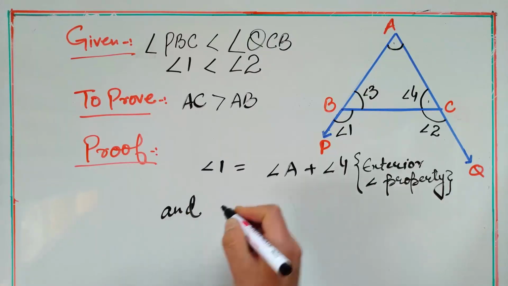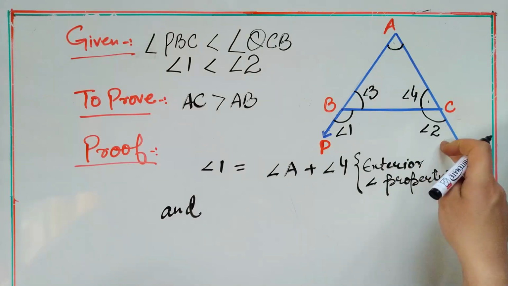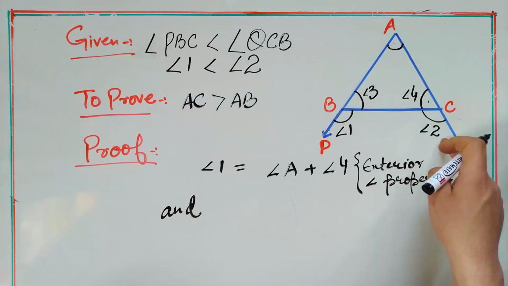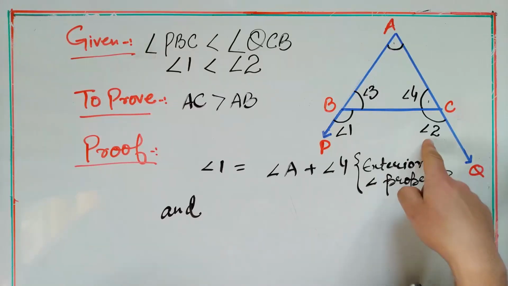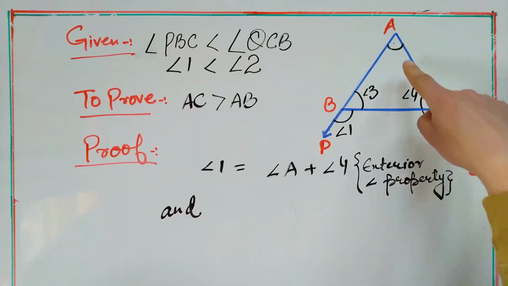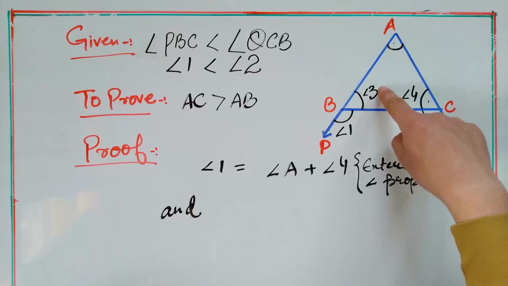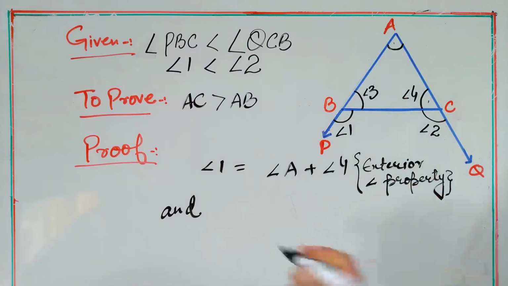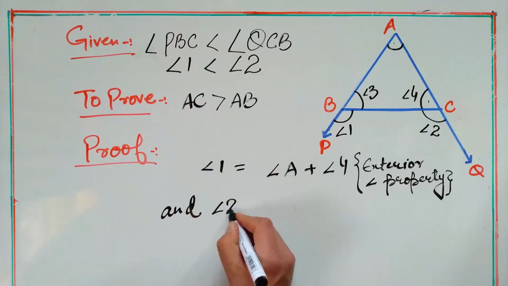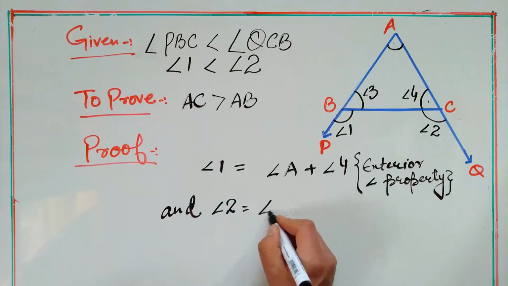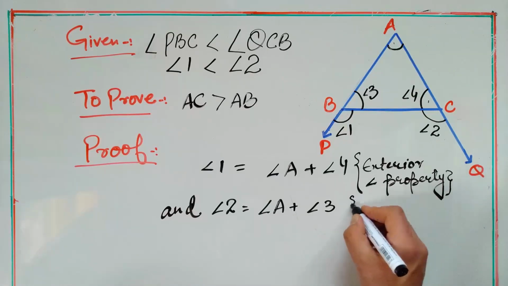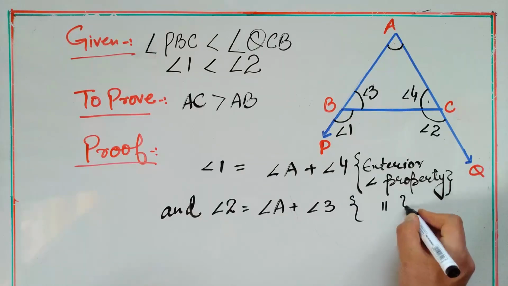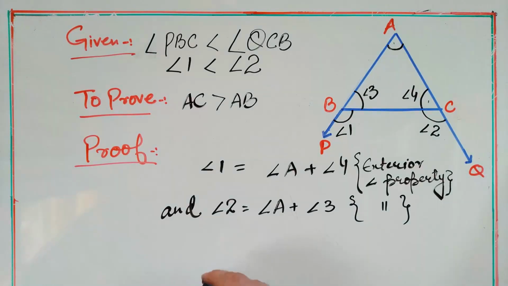And we can also do this for angle 2, because angle 2 is also an exterior angle. So angle 2 will also be equal to the two opposite interior angles. Which are those? If 2 is here, then its opposite angles are angle A and angle 3. So angle 2 will be equal to angle A plus angle 3. Reason is the same, exterior angle property.